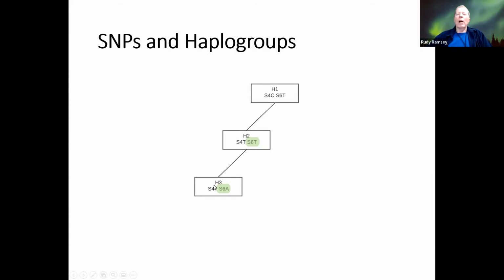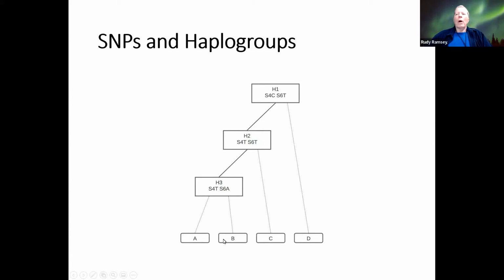Now, so far, you've been looking at that tree from the top down. This is how it formed. This represents the history, the ancestry, old to new. But there's another way to look at it. We can start with current Y DNA testers. We know their values for all these SNPs.